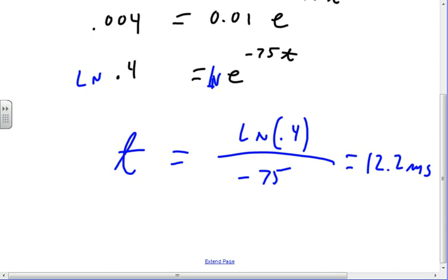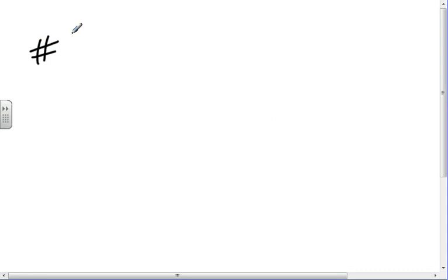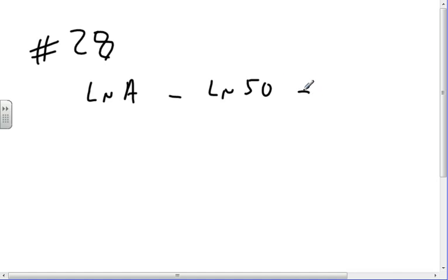Number 22? Oh, no. We'll go to 28. Yeah, why not? Number 28. The natural log of A minus the natural log of 50 is equal to KT.